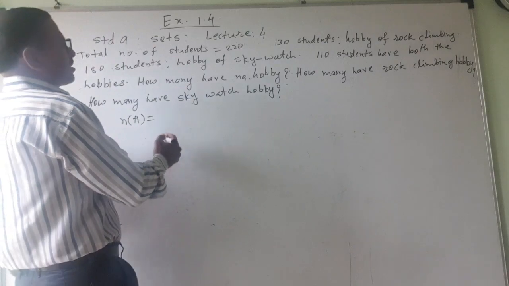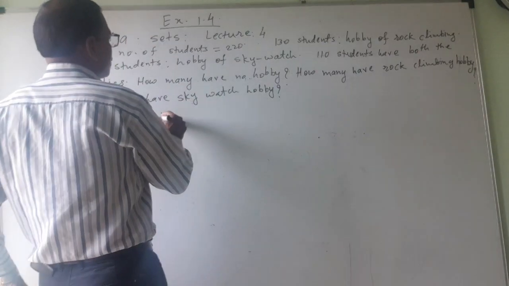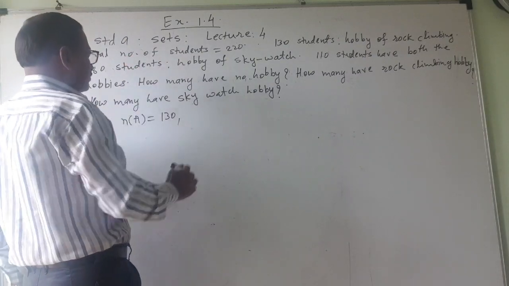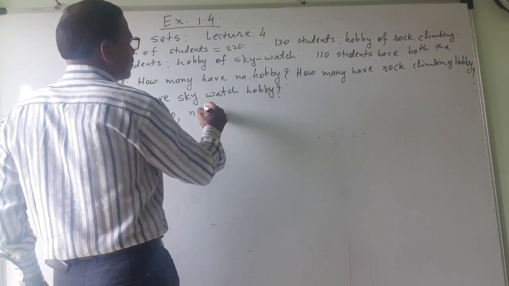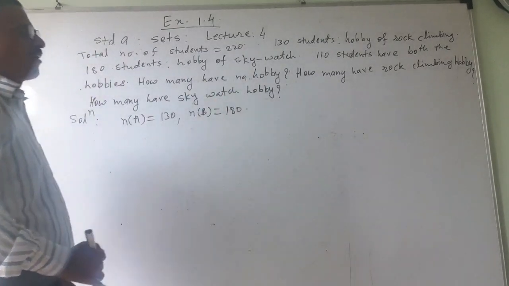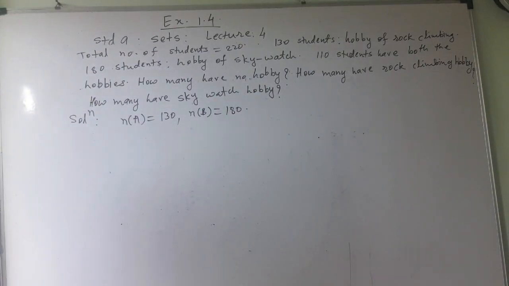A is the set of the students having the hobby of rock climbing. Therefore, N of A is equal to how many students? 130. N of B equal to how many are they? 180. Okay.